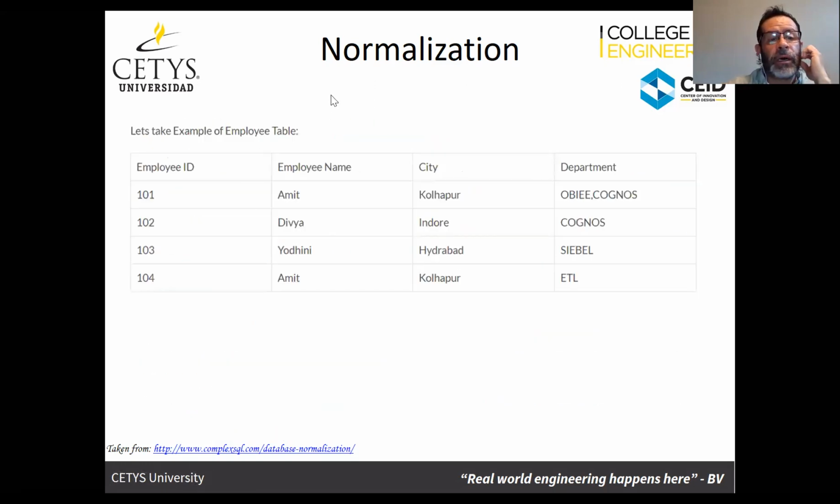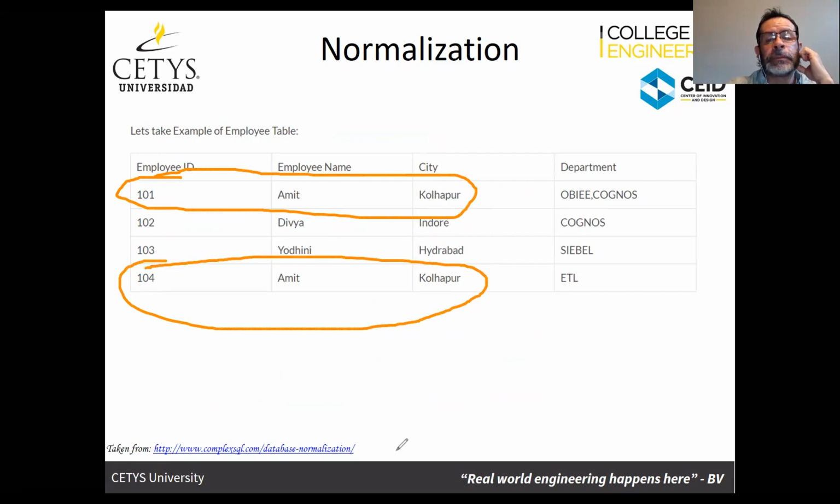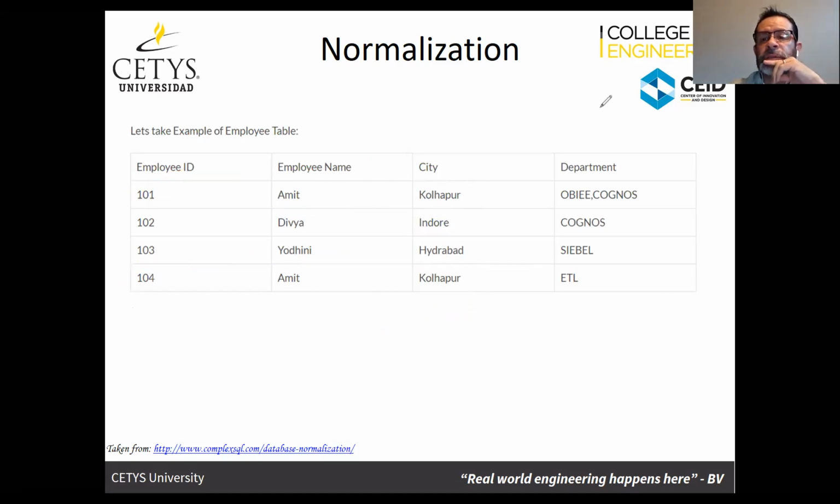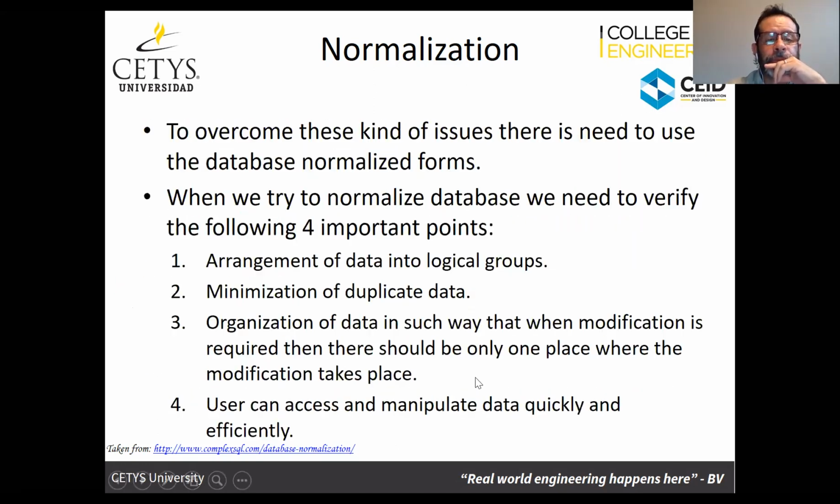We don't want Amit Kolhapur to appear many times if I can avoid it. Because remember that if I have duplicate data, I can have redundancies, inconsistencies, and also the database gets larger. We want the data to be organized so that when we do a modification, the modification should only be done in one place.